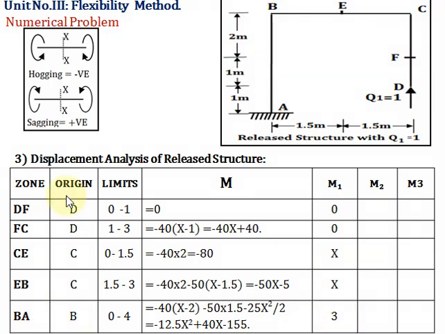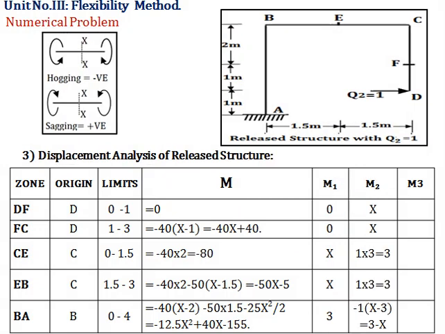Next we will find the bending moment for the released structure with Q2 equal to 1. First we take the section in FD, measuring x from point D. It will act like this. We are standing inside, so the nature of bending moment is sagging, positive.